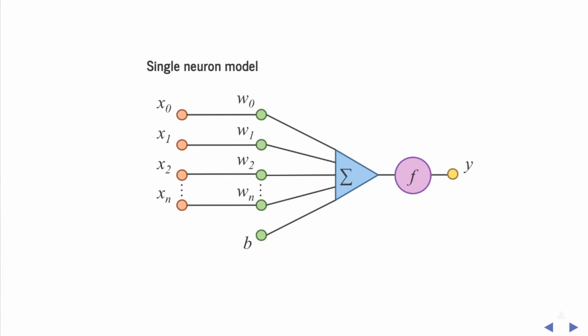Can anyone tell me why we add a nonlinear activation function? Any ideas? For randomness, you're saying?